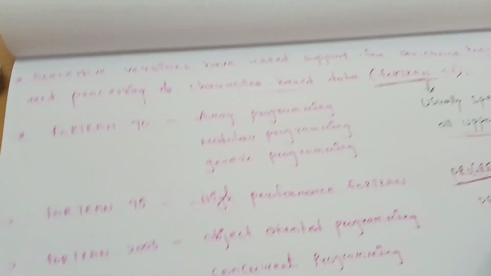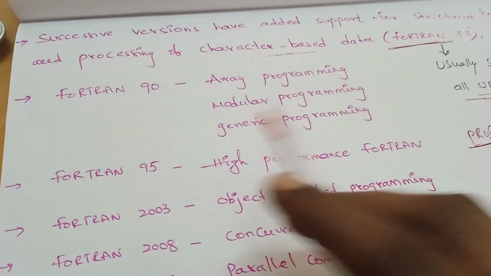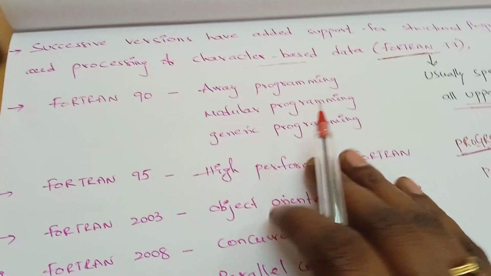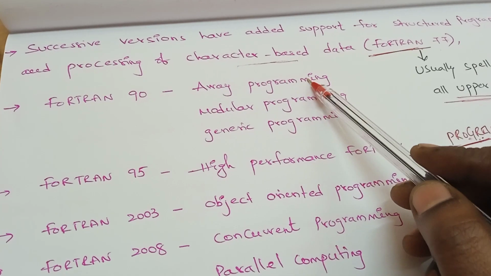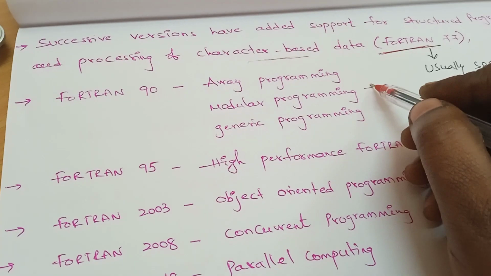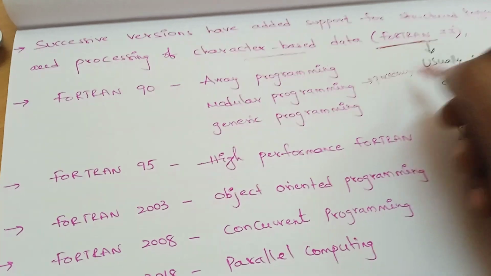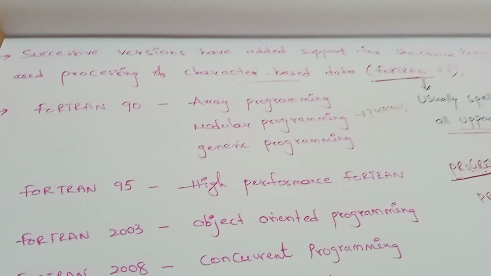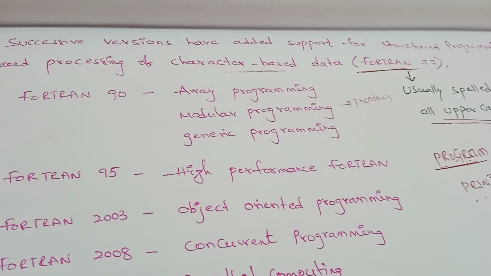Later, from FORTRAN 90, character based data uses both uppercase and lowercase. FORTRAN 90 features are array programming, modular programming, and generic programming. Modular programming in the sense that it accepts procedures, what we call subprograms or functions. FORTRAN uses procedures: the way a function works in a C program, the same way a procedure works in FORTRAN.